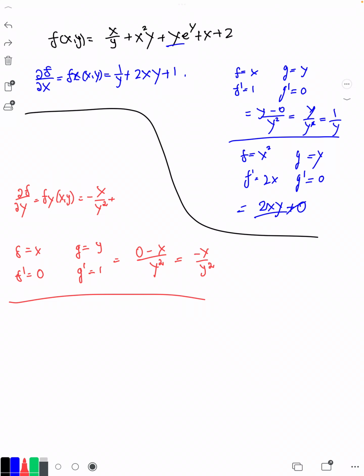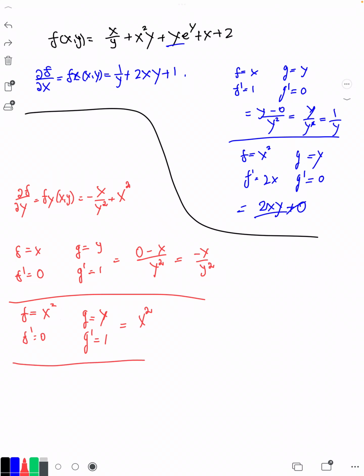now we're going to do the product one. F equals x squared, g is y, f prime is 0, g prime is 1, equals 0 multiplied by y is 0, x squared multiplied by 1 equals x squared, so plus x squared.